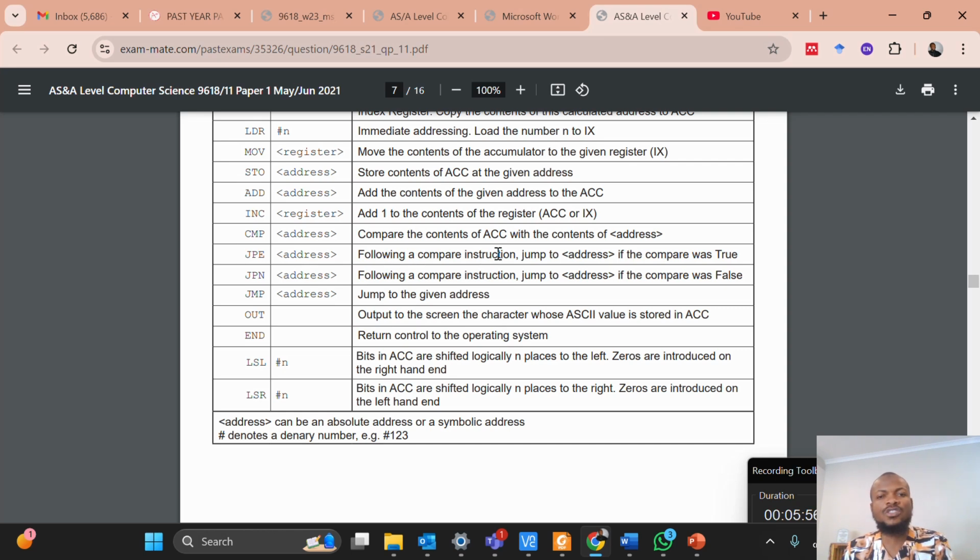Following a compare instruction, that is after two values have been compared, jump to address if the comparison was true. JPE means when you compare, if the value is the same, go to that address.